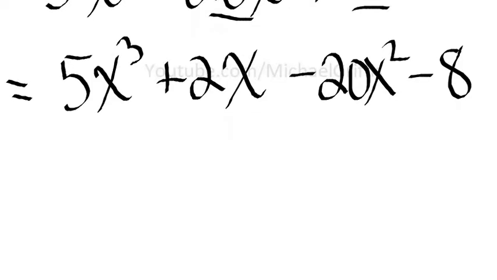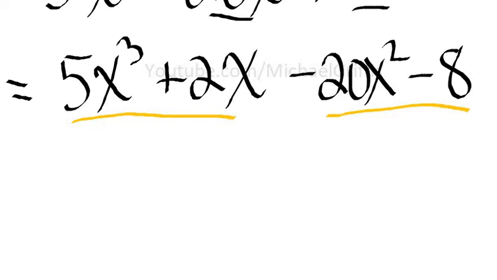Okay, what we're grouping is these two terms together, and we're grouping these two terms here together. And then we're factoring and hoping that when we do this, there will be a common factor.